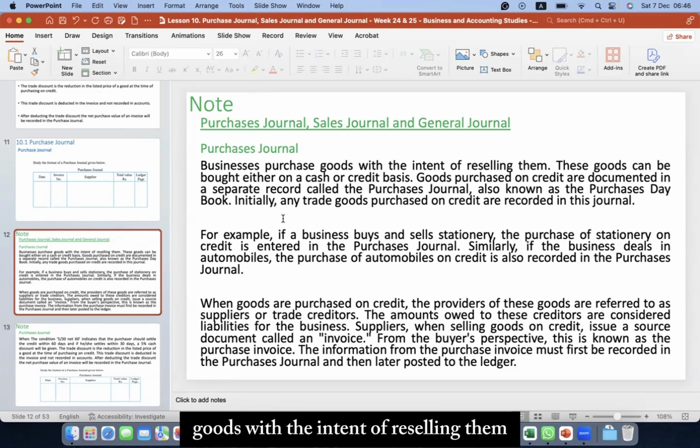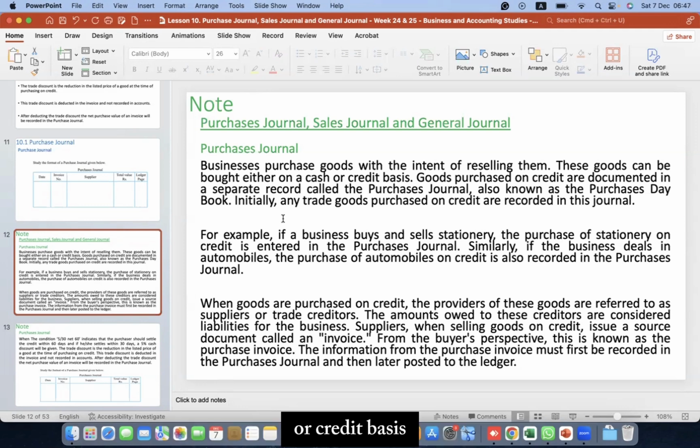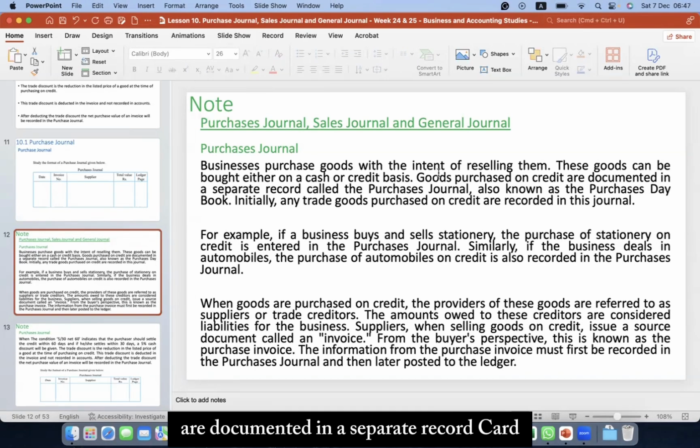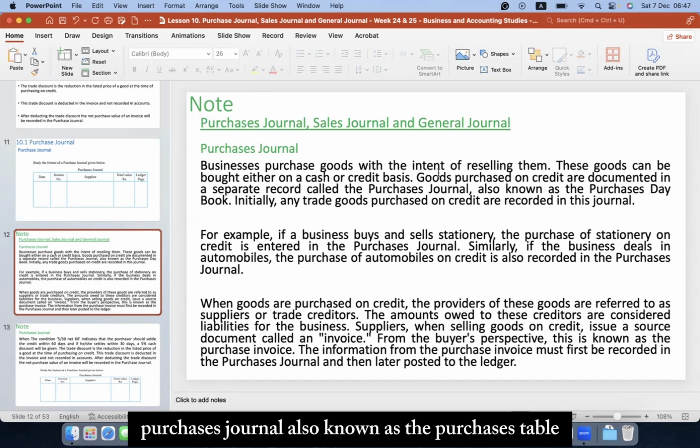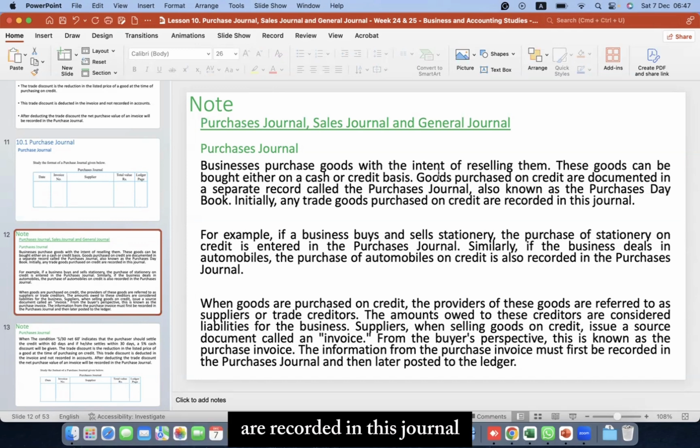Businesses purchase goods with the intent of reselling them. These goods can be bought either on cash basis or credit basis. Goods purchased on credit are documented in a separate record called Purchaser's Journal, also known as the Purchaser's Daybook. Initially, any trade goods purchased on credit are recorded in this journal.